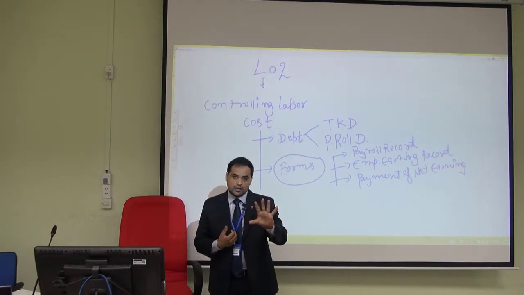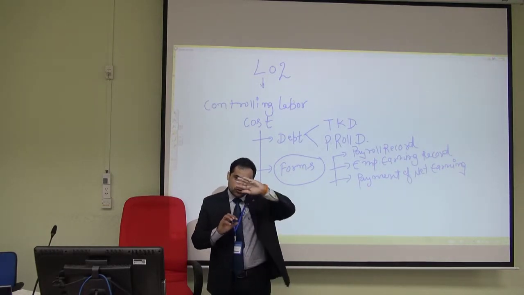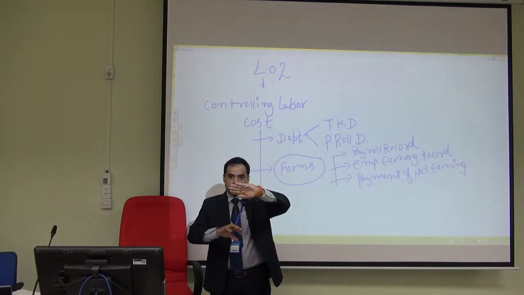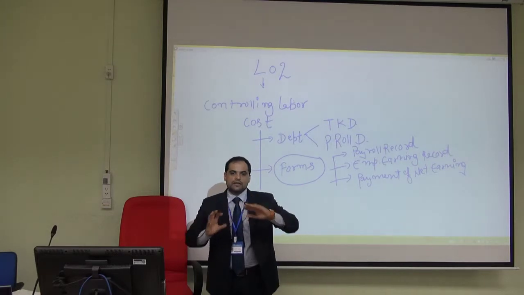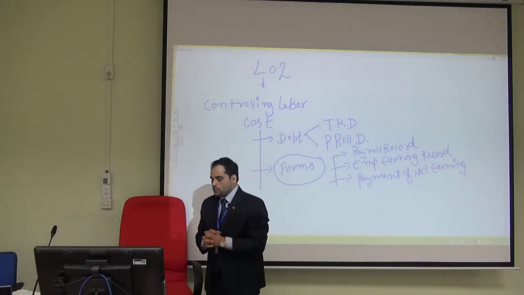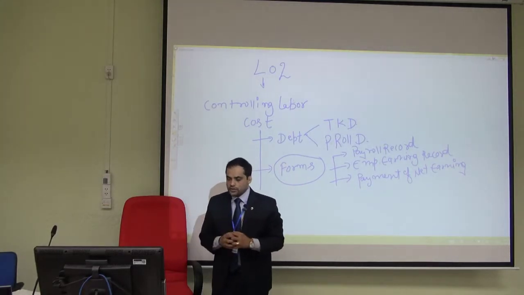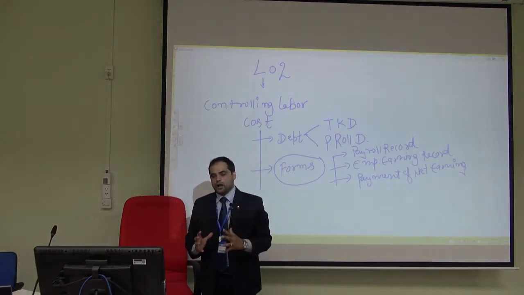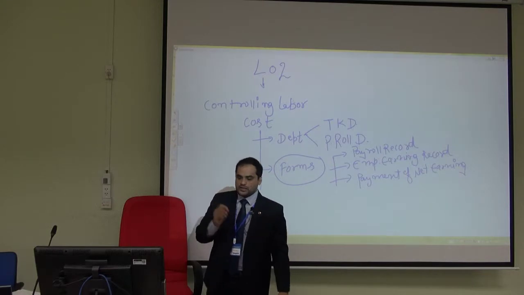So here is the gross, here are the withholdings, deductions, and net. So it's detailed information about the worker's hours.